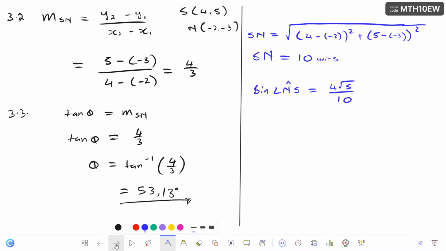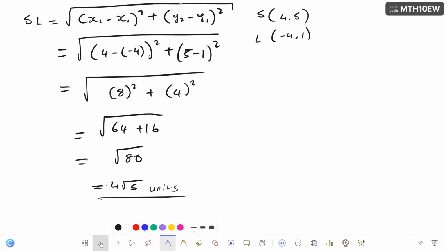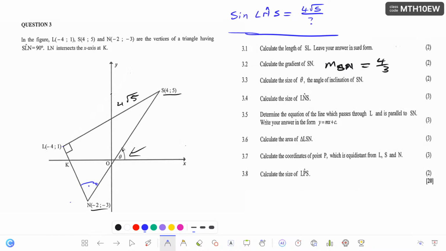So now it's going to be LNS is equal to sine second function 4 root 5 divided by 10. So let's check what is the answer. 4 root 5 divided by 10. So my answer is going to be 63.43 degrees. So meaning the value for this angle is 63.43 degrees.